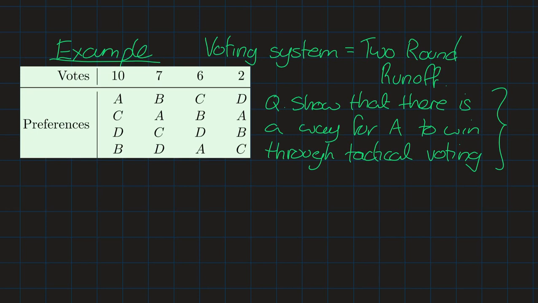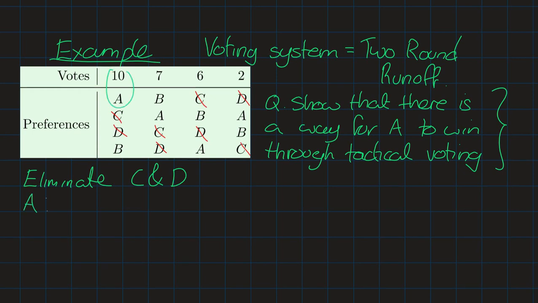Well, let's just see what the election result would be if everyone voted sincerely. It's clear that A has 10, B has 7, C has 6, and D has 2. So in the 2-round runoff voting system, we would eliminate C and D because they got the least. Now how many votes does A have?